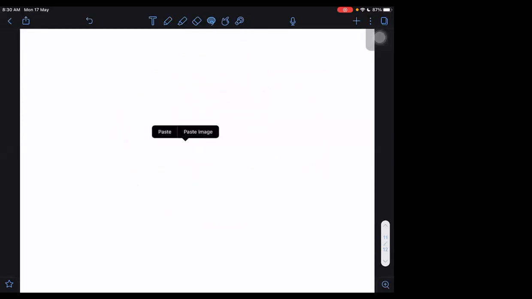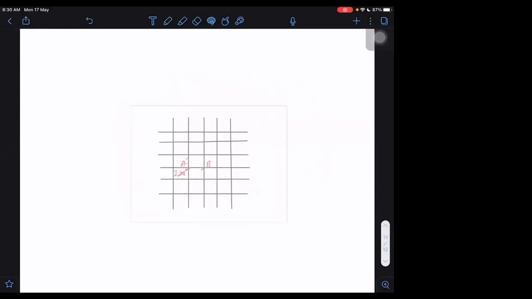Yes, you are right. It will split equally because of the same resistance. By symmetry we can say it will split equally.